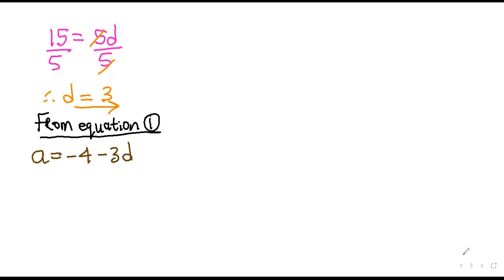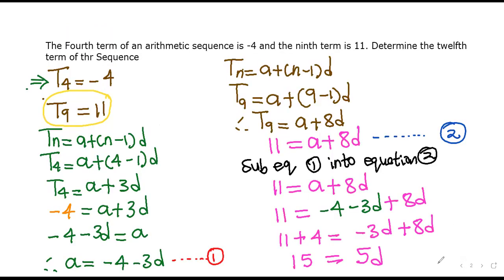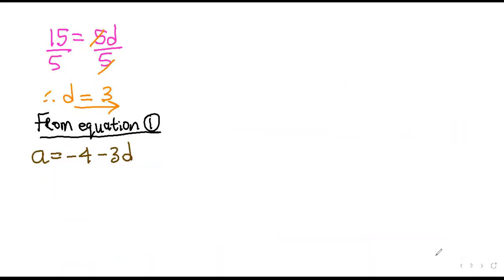Let me double check. A is equal to -4 minus 3D. Yes. And then since we are solving for A, remember here, from equation number 1, substitute D equals 3. It means where there is D, we're going to substitute 3.